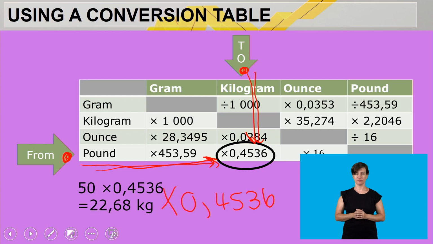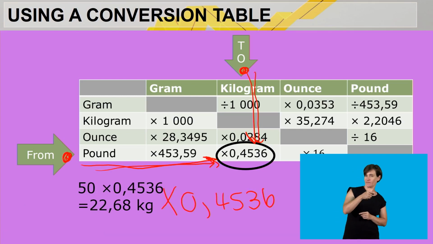And then if we go back to the question where we had to convert 50 pounds, it's going to be the 50 given in the question multiplied by the conversion factor 0.4536, and then you'll see that 50 pounds is 22.68 kilograms.